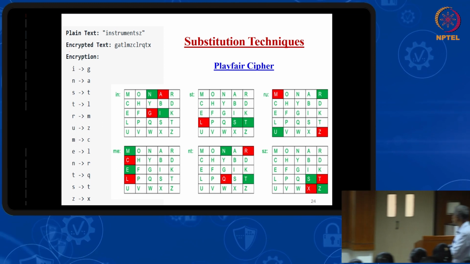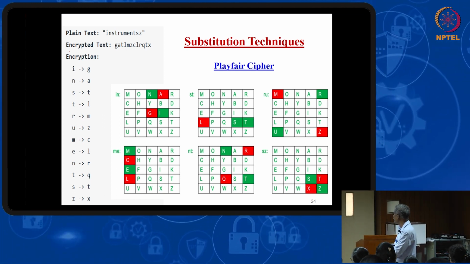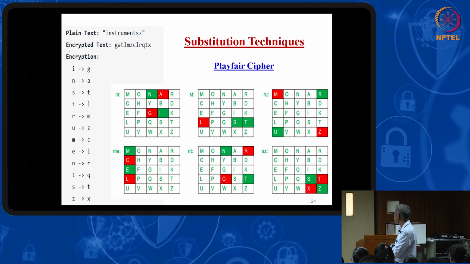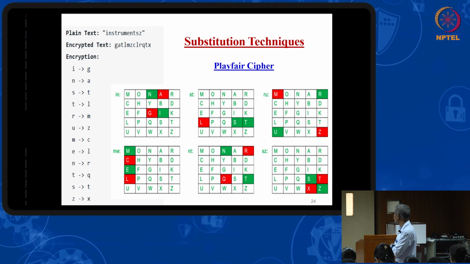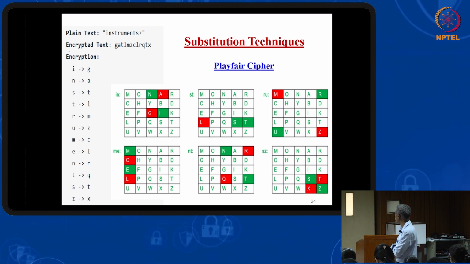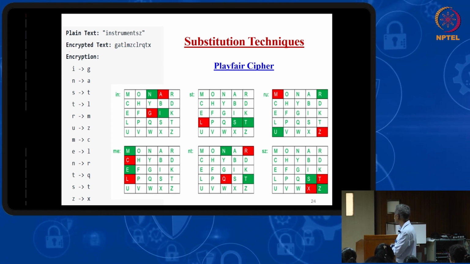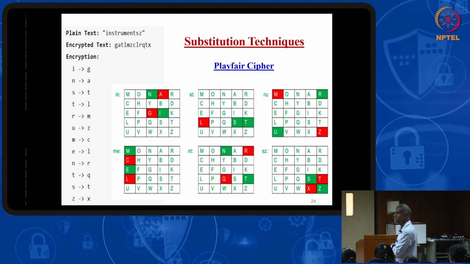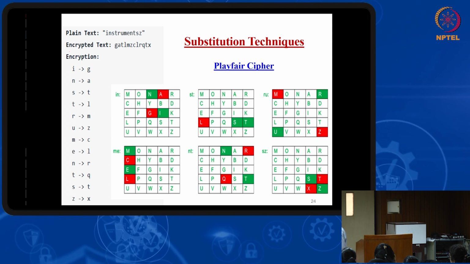Next ST. ST will be converted to PL. Next you take RU, so RU will be converted to MU. Where is RU coming? RU will be coming to MZ. Like this. So a bigger example is taken.